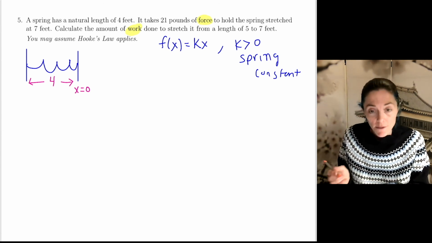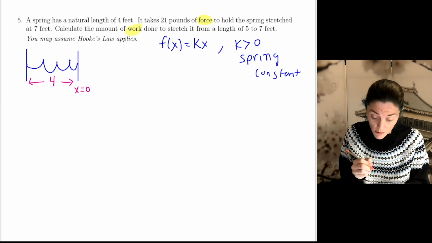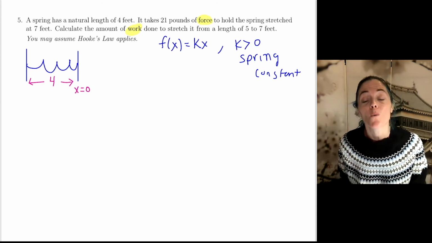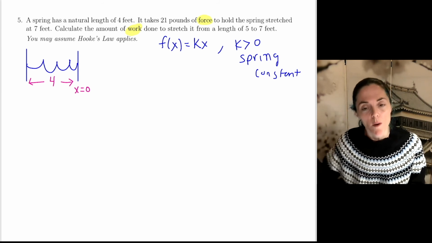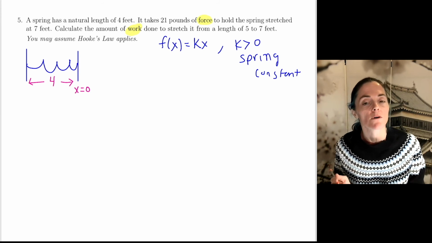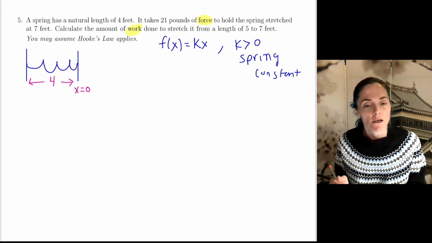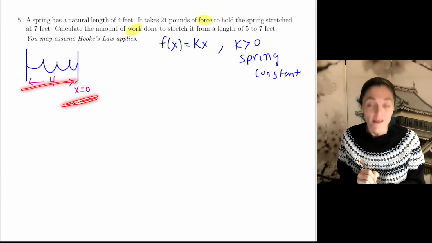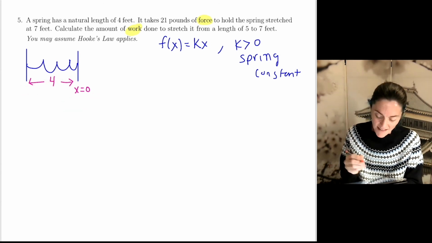So here we are told we have 21 pounds of force, and then we want to calculate a work. A work, just like we saw in the last example, will be an integral of this variable force. But I need to convert these lengths to x values where 4 feet is x equals 0, is equilibrium.